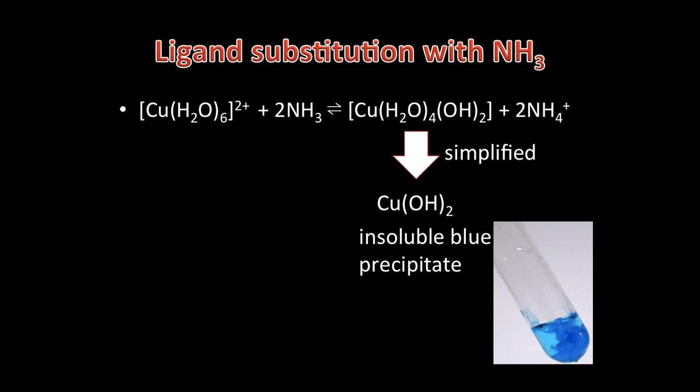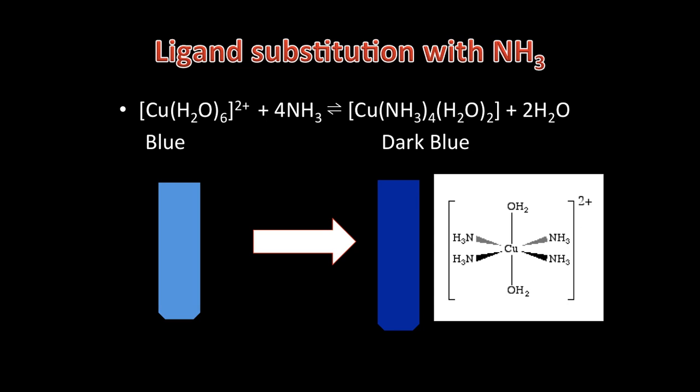When we covered precipitation reactions, we simplified the formula of the precipitate to Cu(OH)2. So the first observation when we add dilute ammonia solution to copper hexa-aqua complex is that the blue solution forms a pale blue precipitate. When excess ammonia or concentrated ammonia is added, the precipitate dissolves and a ligand substitution reaction occurs where 4 of the water ligands are replaced by ammonia molecules.